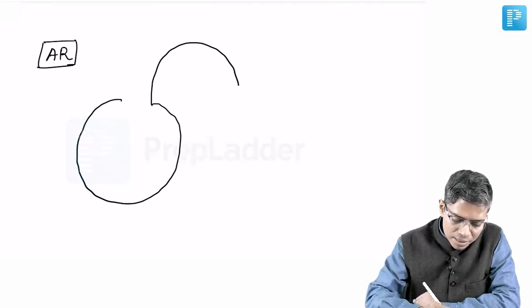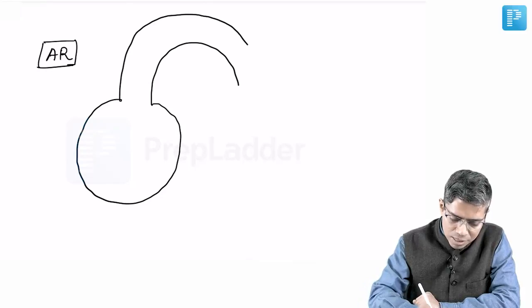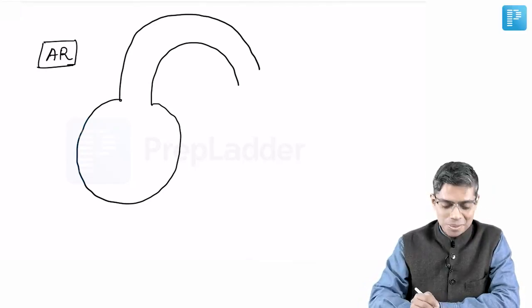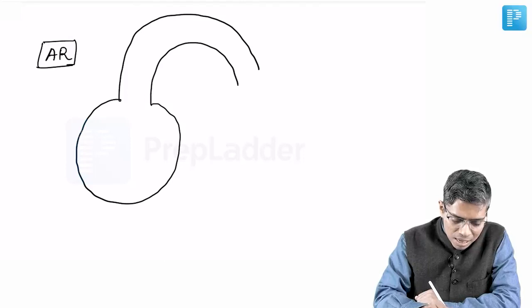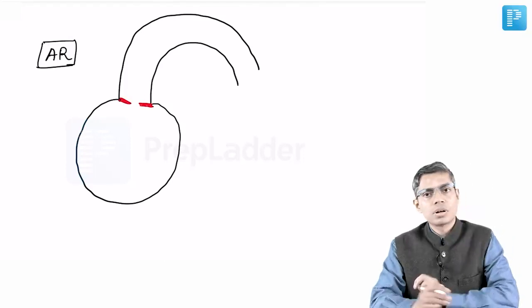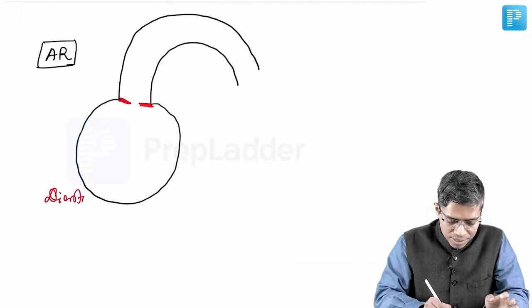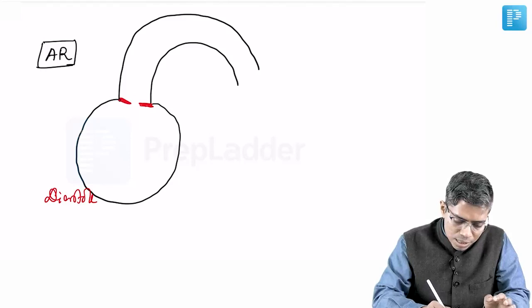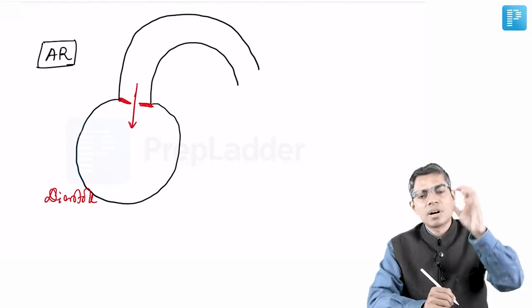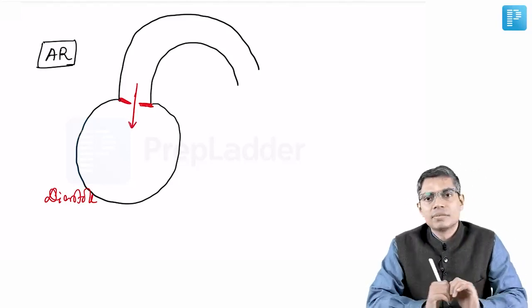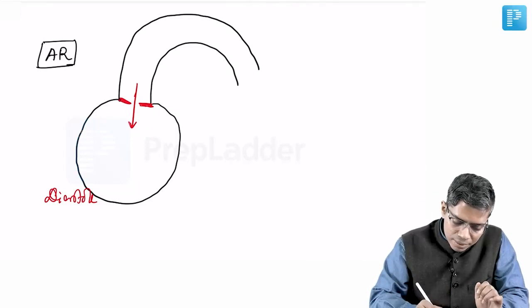From your clinical medicine knowledge, you know that systolic blood pressure will be higher. So why that? Aortic regurgitation means this semilunar valve will not close completely during diastole. If I think of diastole first, then during diastole, some of the blood will flow back from the arch of aorta to the ventricle. And the ventricle, obviously we are discussing the left ventricle.